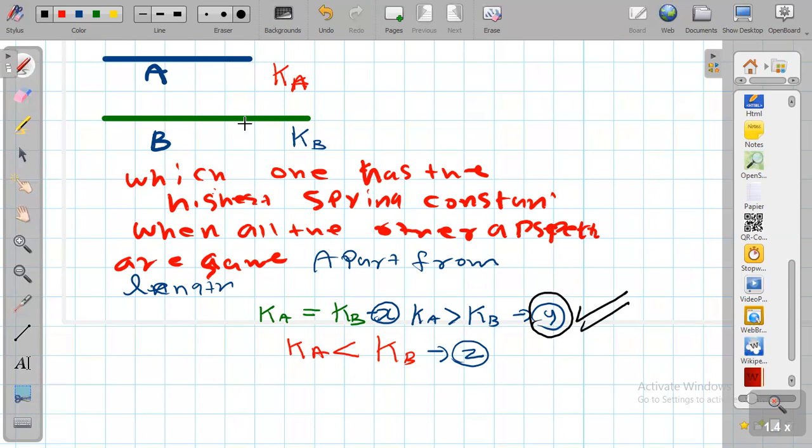Frankly speaking, I thought the same way when I was in my A-level class. It's the same material, same cross section, so the length is something irrelevant. That's how I thought.